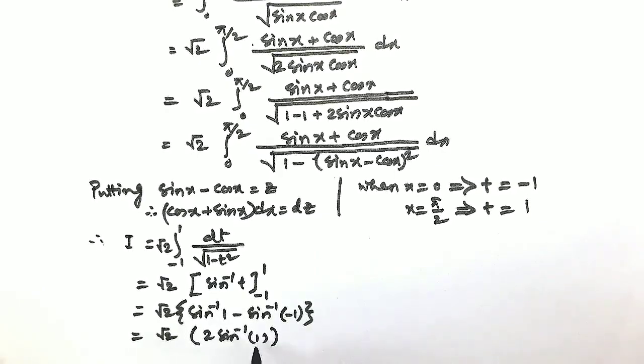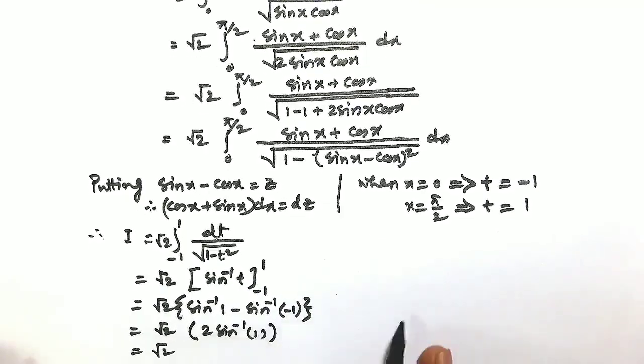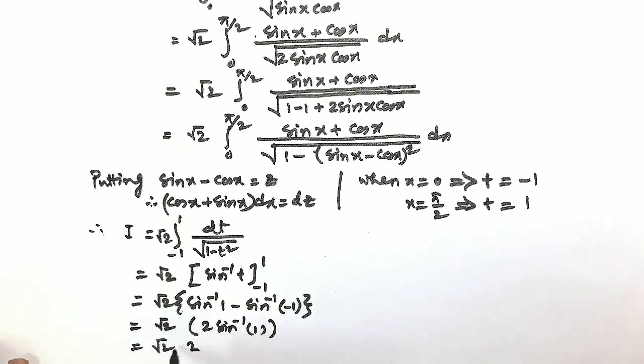Now what is sin inverse 1? Sin inverse 1 is equal to pi upon 2. So we can write root 2 into 2 into pi upon 2. So 2 is cancelled. We are getting only root 2 pi. This is actually the result.